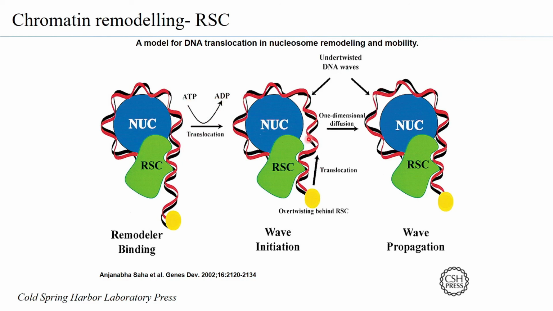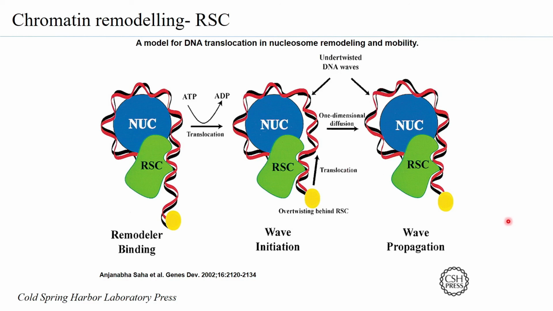So here you have undertwisted DNA waves, and that propagates, so you have the wave moving from here to here. You can see how the loop is actually getting propagated as a wave, and that loop will come out over here from the other direction.